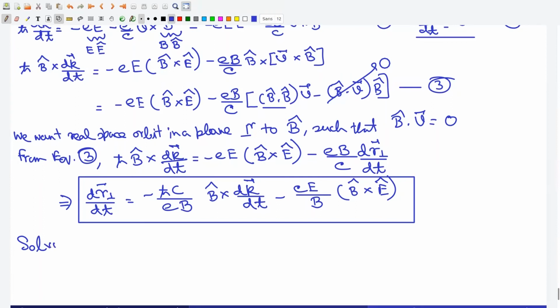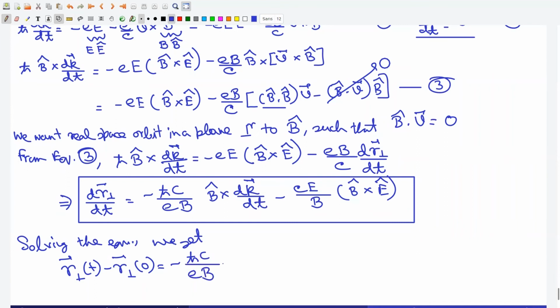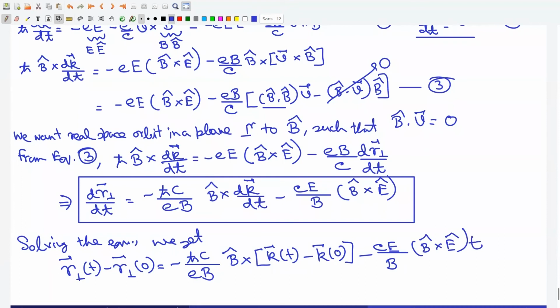Solving this equation, we get r perpendicular at time t minus r perpendicular at time 0 is equal to minus h bar c divided by eB hat cross k of t minus k of 0 minus C E divided by B hat cross E times t.